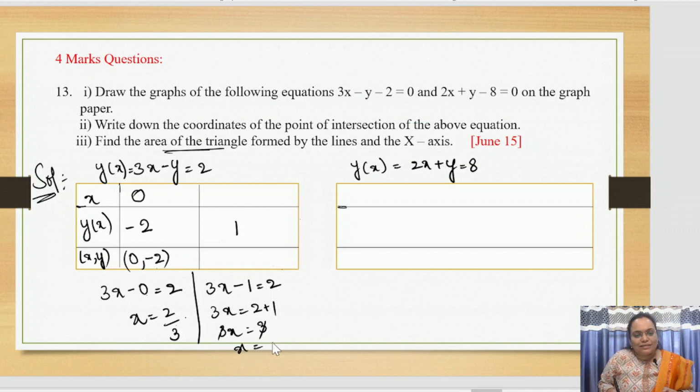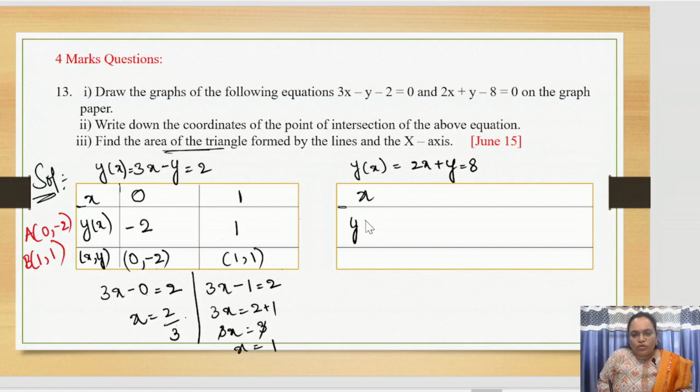You will get x is equals to 1. Okay. So when y is equals to 1, you will get x is equals to 1. So the coordinates are 1, 1. See, I can take the points as A of 0, minus 2 and B of 1, 1. Okay. Now let us do it for the next one.